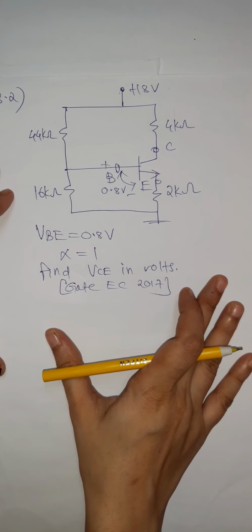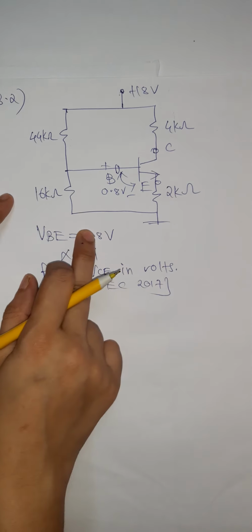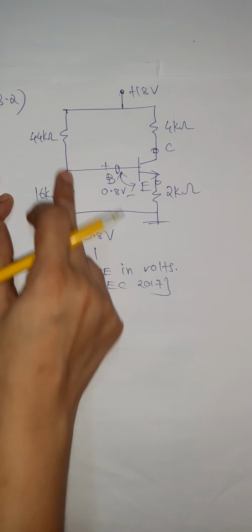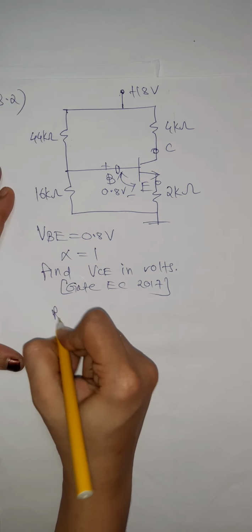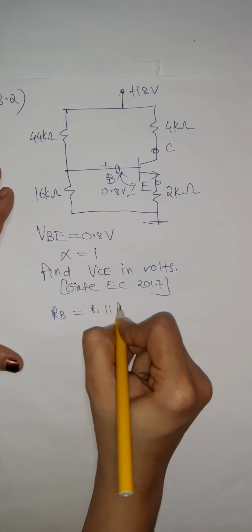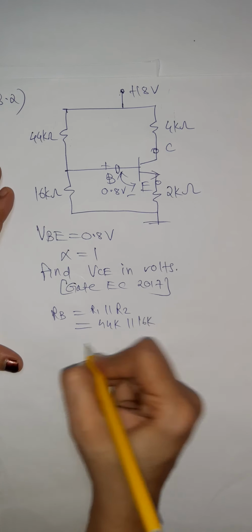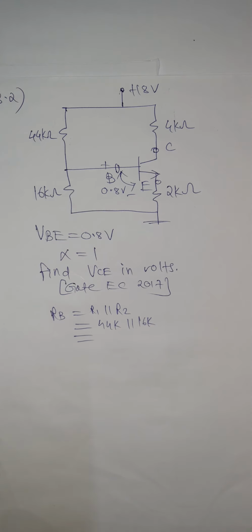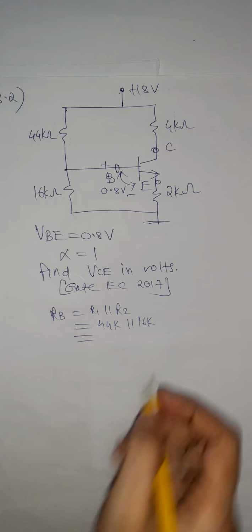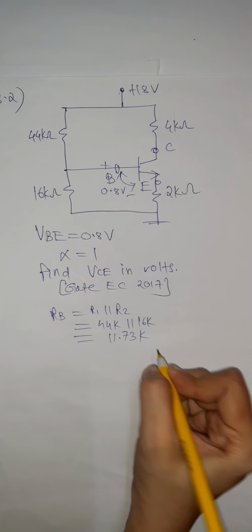Now first of all, I will convert this whole circuit. This is R1, this is R2. So RB is equal to R1 parallel with R2. So it will be 44k in parallel with 16k. So it will be 11.73 kilo ohms.